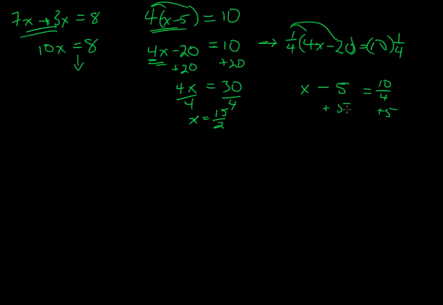You introduce some unnecessary fractions, because imagine if this weren't 20, imagine it was like 17 or something. Then you'd have this 17/4 thing to deal with. You can do it that way, but you're going to create a little bit more of a hassle. It's generally best to get the term with the variable by itself first, and then once you have that term by itself, divide by 4.